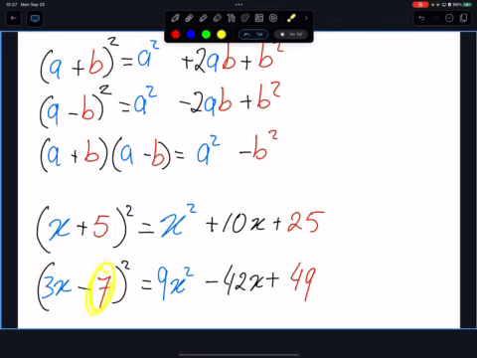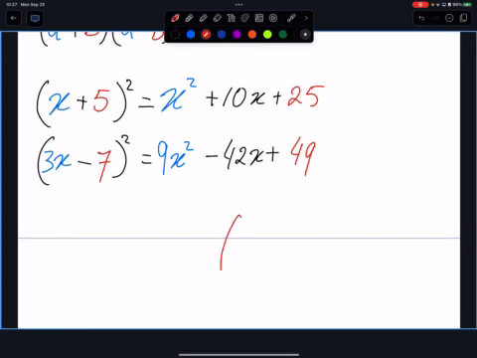B squared, 7 times 7. So when you times 7 and 7 you lose the negative. No, if you said minus 7 squared is 49.